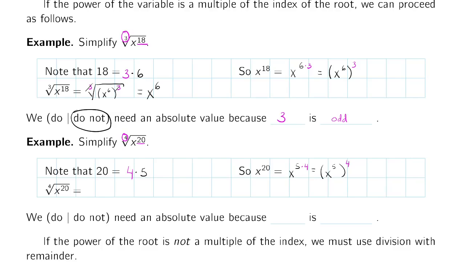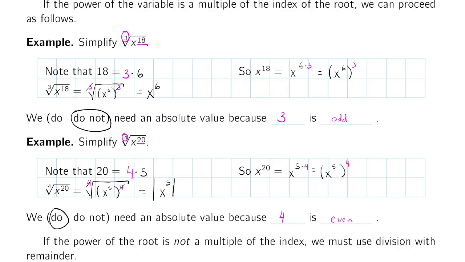And so we can take the fourth root of x to the 5th to the 4th. The fourth root and the fourth power cancel, and we're left with x to the 5th, but we do need an absolute value because the number 4, the index of our root, is even.